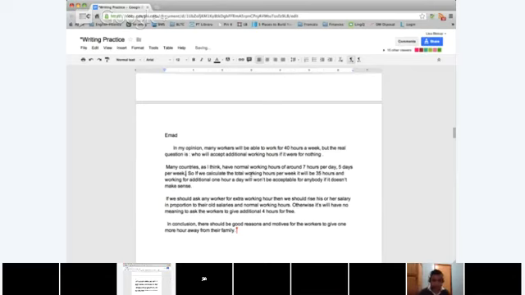So if we calculate the total working hours per week, comma, it will be 35 hours, and working for an additional hour a day won't be acceptable for anybody if it doesn't make sense.